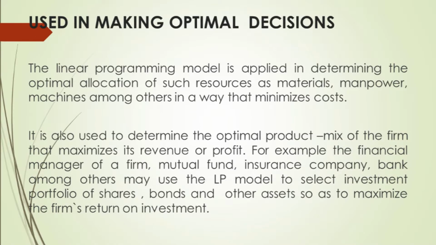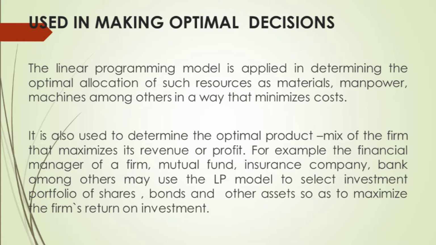Then also use the subject in making optimal decisions. For example, you can use the linear programming model in determining the optimal allocation of resources, like materials, manpower, and machines, in a way that minimizes costs or maximizes profit.